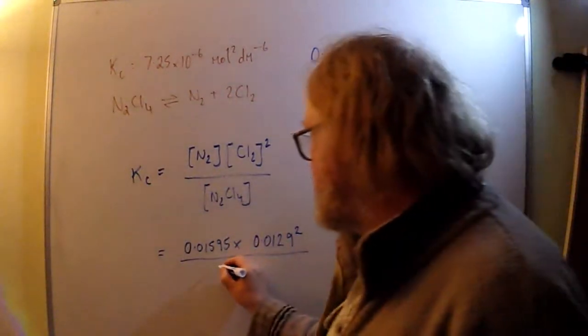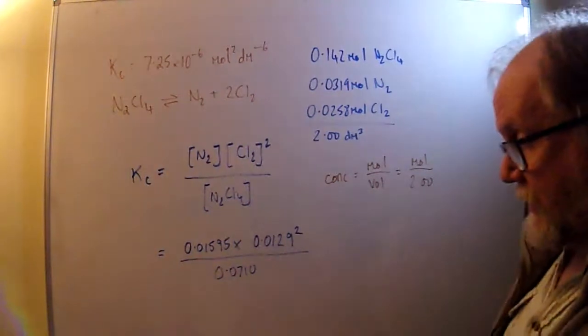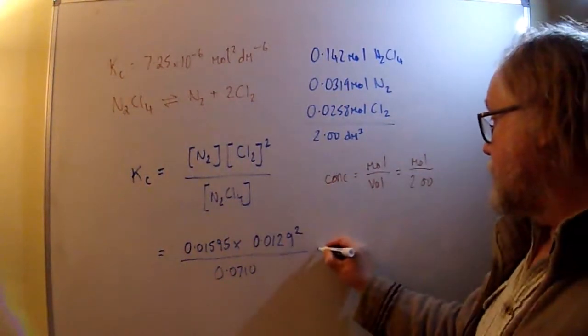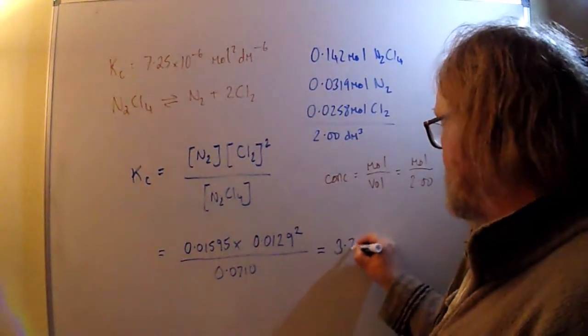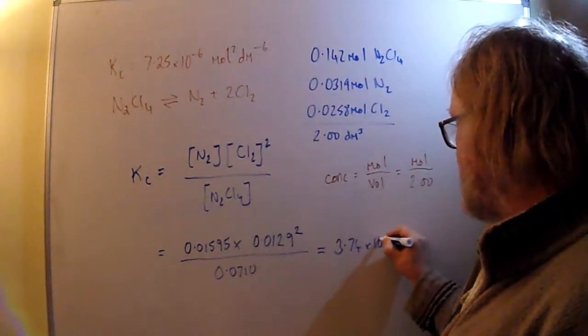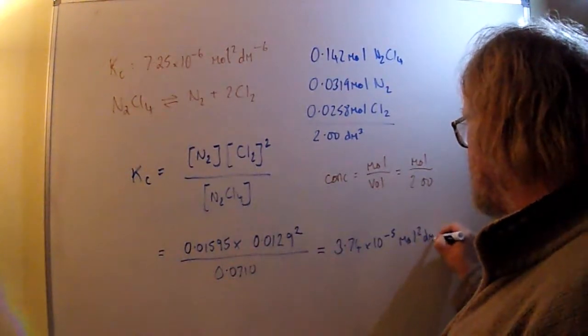If you divide that by 2 to get the concentration, it's 0.0710 on the bottom line. And if you crunch those numbers, you get 3.74 times 10 to the minus 5 mole squared dm to the minus 6.